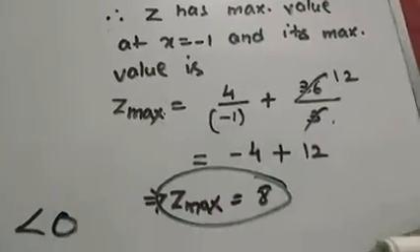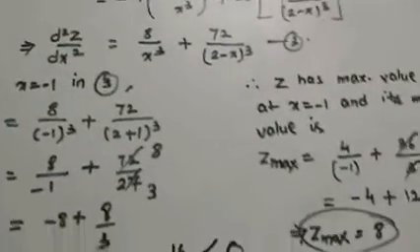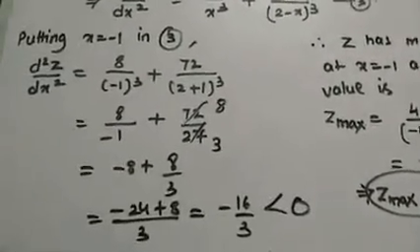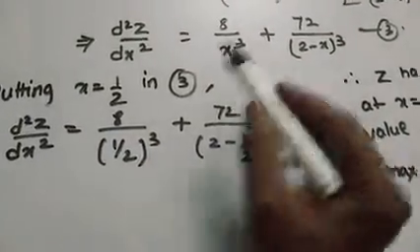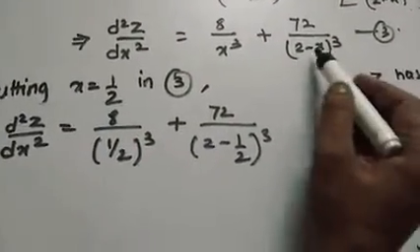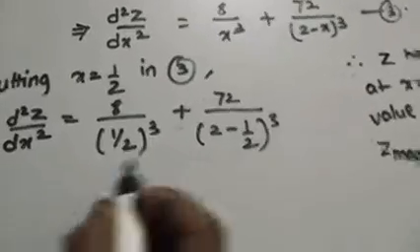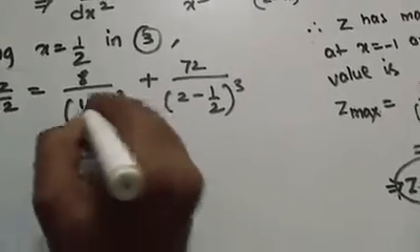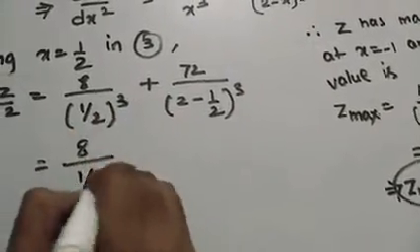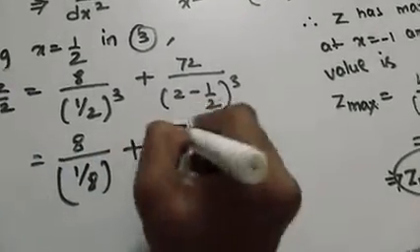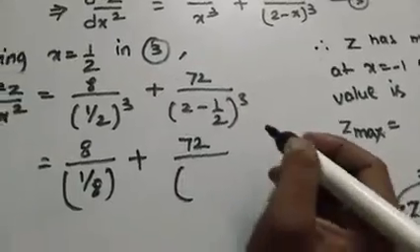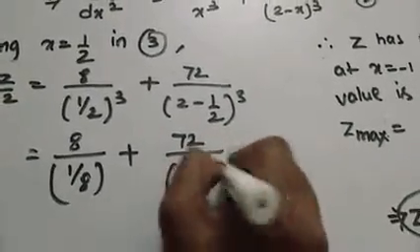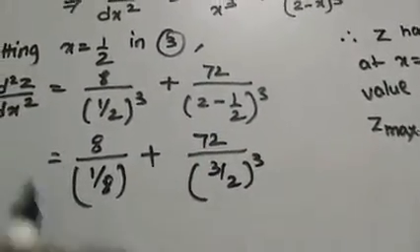Okay, now let us check the other point, x equals half. So putting x equals half in here, that is x is half cube, and 2 minus half cube. So that is 8 by half cube, that is 1 by 8, plus 72. Okay, 2 minus half, if you take the LCM you will get 3 by 2 whole cube. See, all the terms are positive.